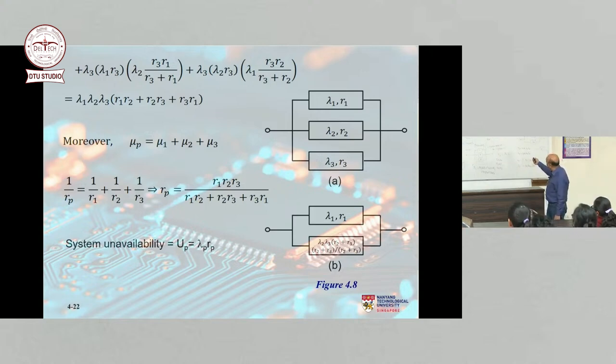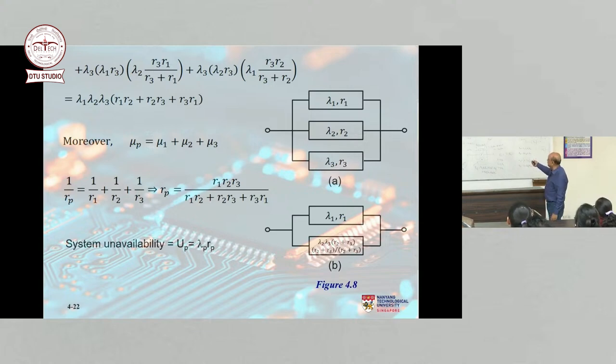So I want an equivalent component of 2 and 3. And I know how 2 and 3 in parallel will behave, right? Just now I derived the equations. So what is the equivalent lambda of that? It's lambda 2, lambda 3 times r2 plus r3. What is the equivalent r for that?